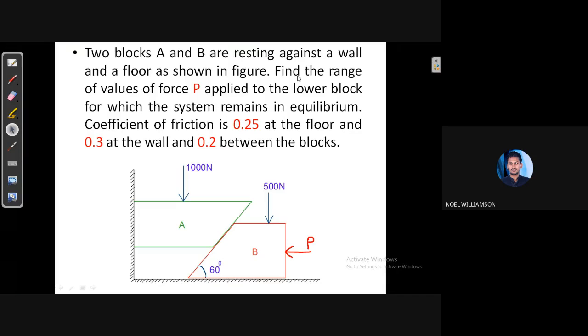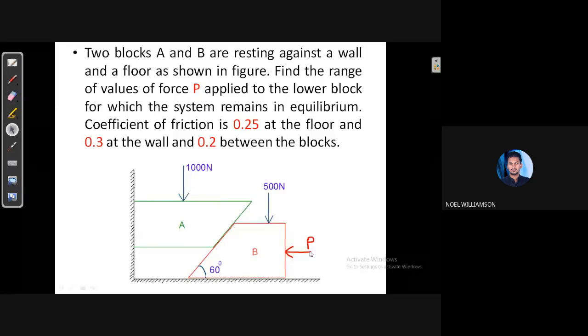So here you have to find the range of values of P applied to the lower block for which the system is in equilibrium. In order to be in equilibrium, what are the values for P?